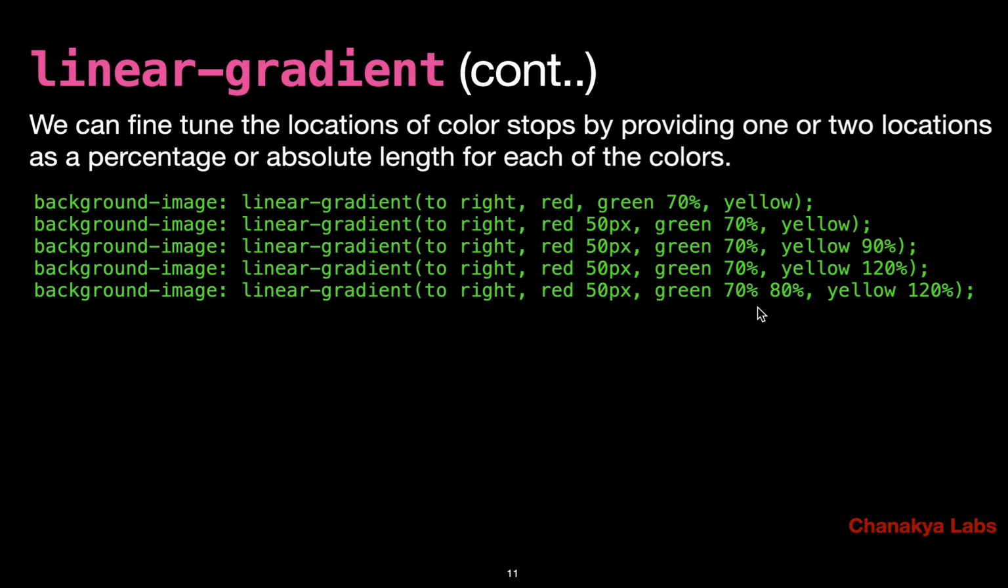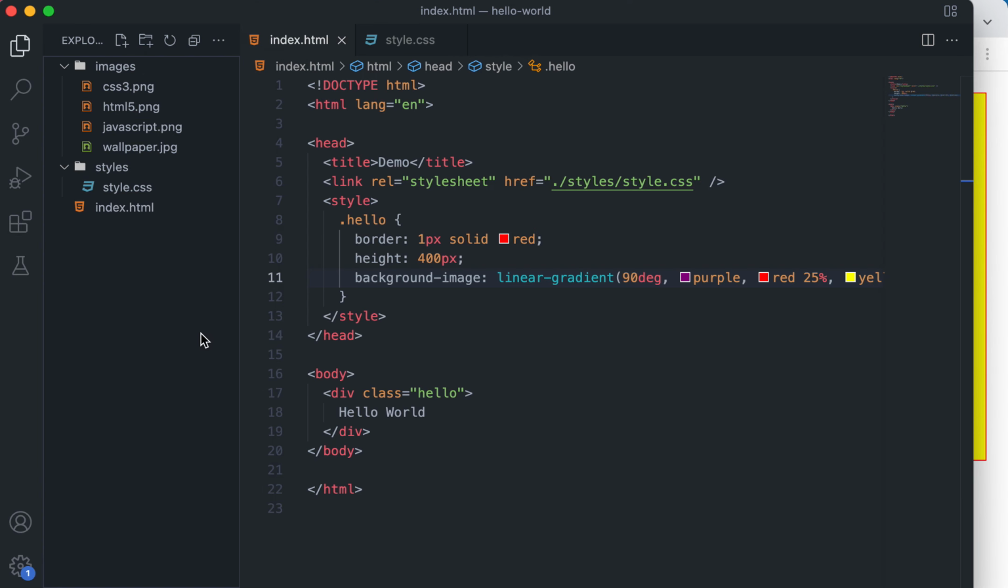Another thing is that you can give two percentages also. And it can be pixel also. Let me clarify what pixel is. You can particularly say at what point you want it.